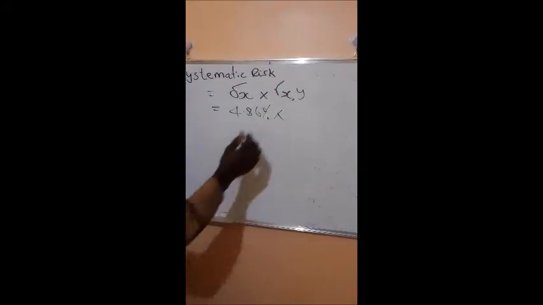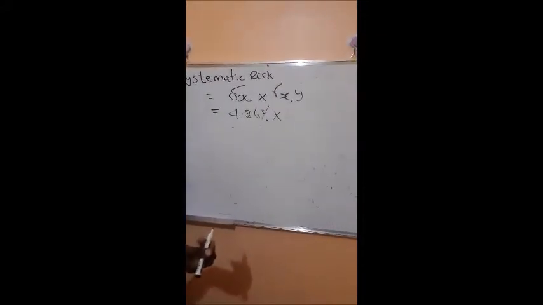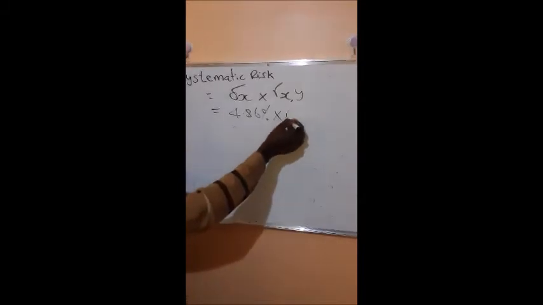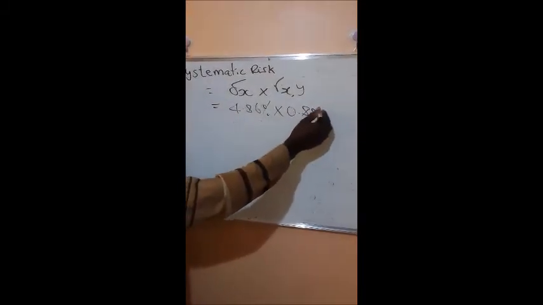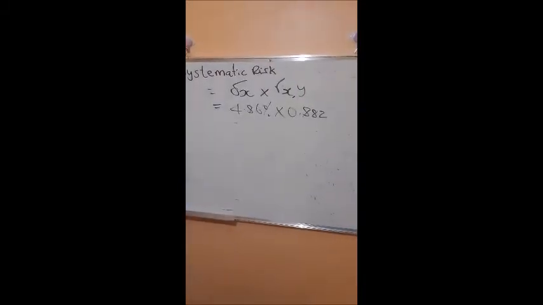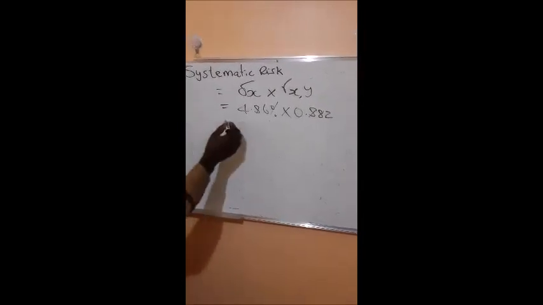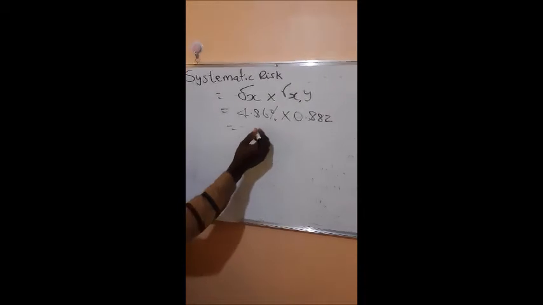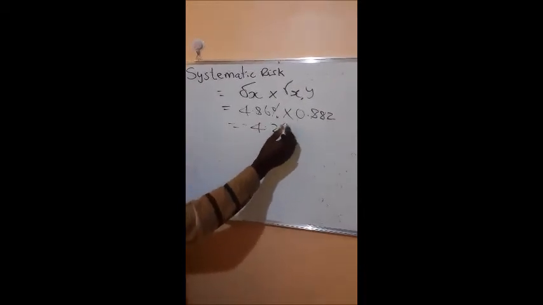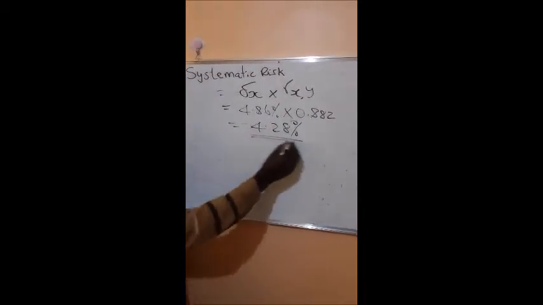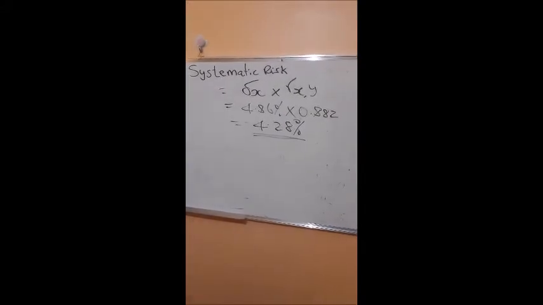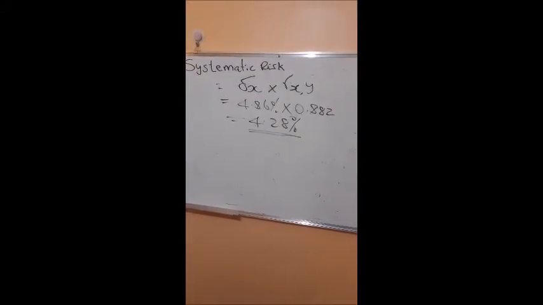Then we multiply by the correlation coefficient between X and Y, which is 0.882. The correlation coefficient obtained earlier was 0.882. So if you multiply, you get the systematic risk of 4.28%. So this is how you can calculate the systematic risk.